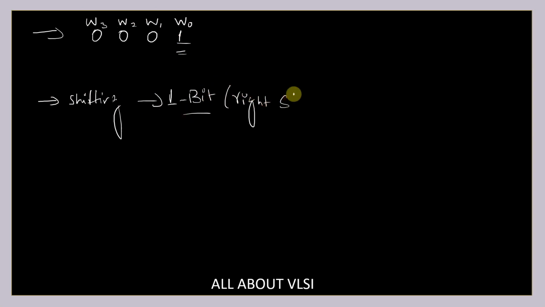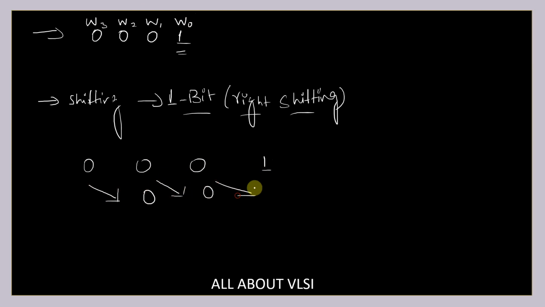When performing this right shift, I'm not going to discard this bit; I'm going to rotate this bit to the MSB position. So 0001, with right shifting, the bits shift toward the right, giving 0, 0, and this bit is rotated to the MSB position. This is what the barrel shifter is going to do.